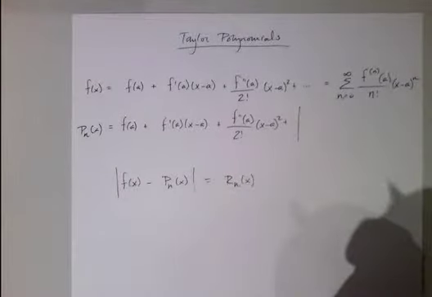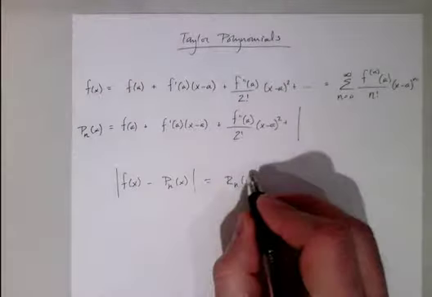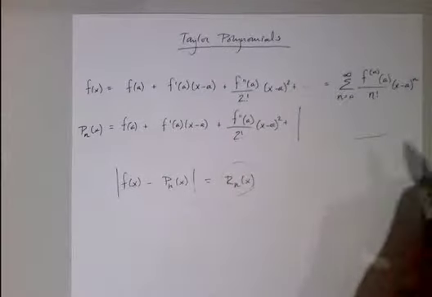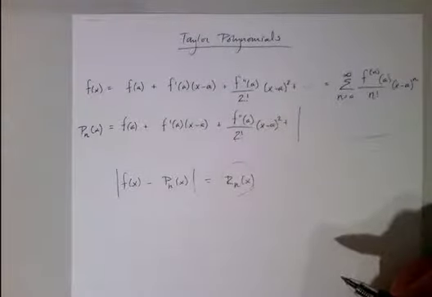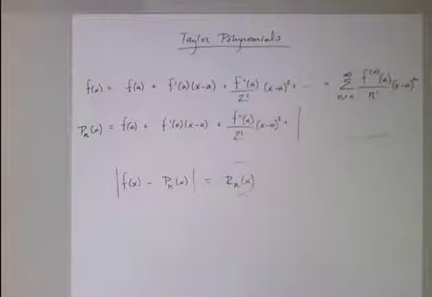And r sub n of x is just notation that stands in for all the rest of those terms that are missing once you truncate the series into a polynomial. It's really that simple. And you think to yourself, how in the world would I figure out how good my approximation is?